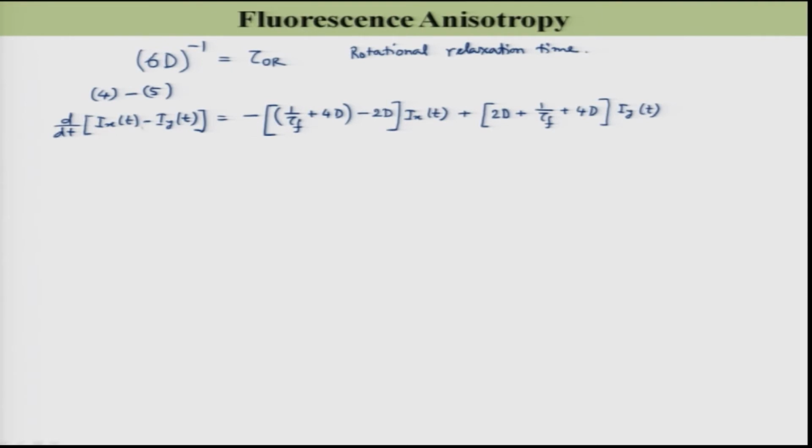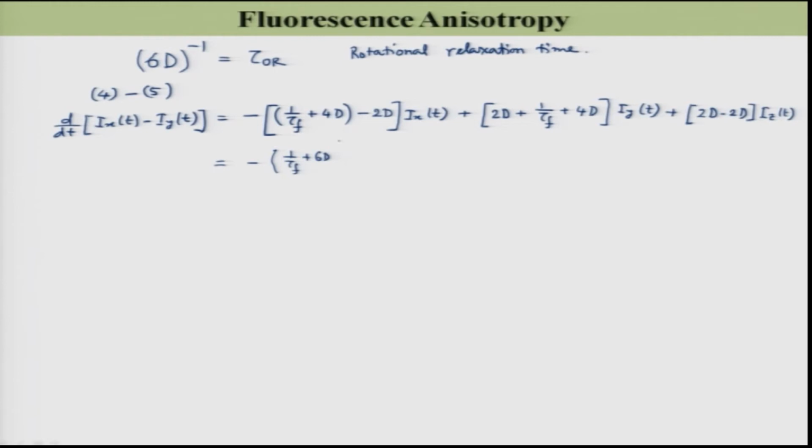Because here, you see, I am taking this minus sign, okay. And I will have this I_z term also, but they will cancel, you see the 2D minus 2D. So, if I do it, this will be equal to minus 1 over tau_f plus 6D.